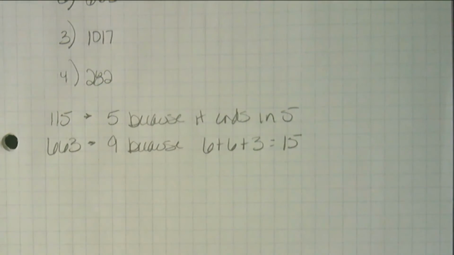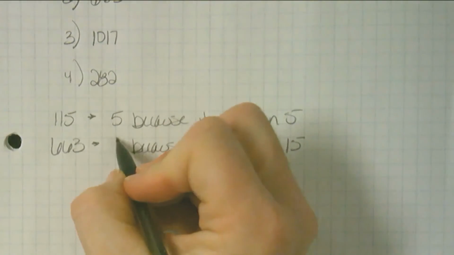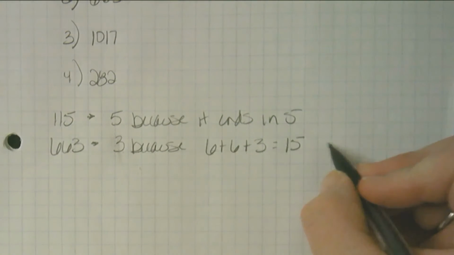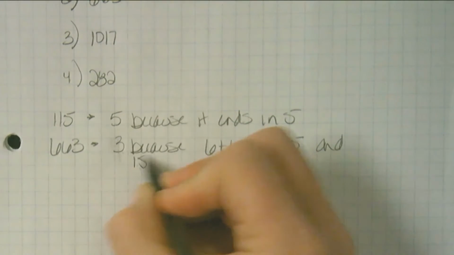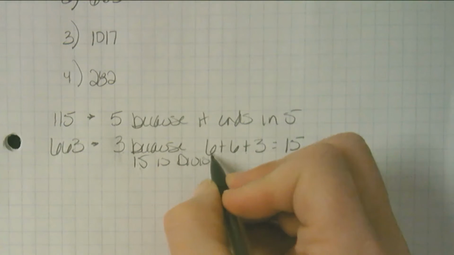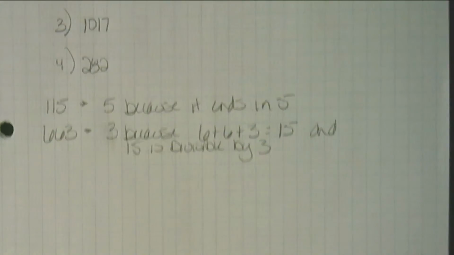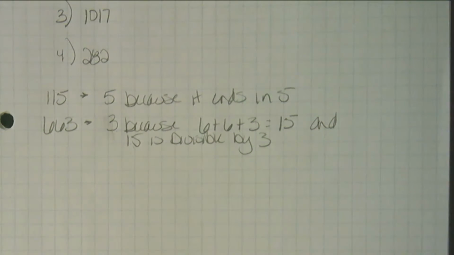So what is it divisible by though? 3. So this is just going to be divisible by 3, because 6 plus 6 plus 3 is 15, and 15 is divisible by 3. So that's what I would like you to write. So adjust your description or your explanation.